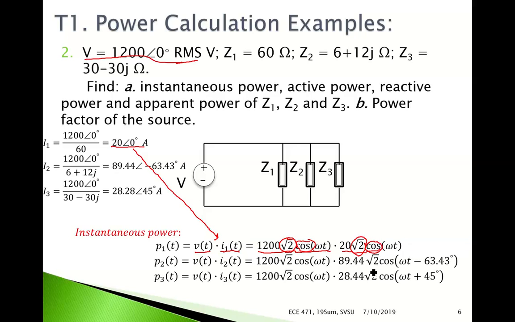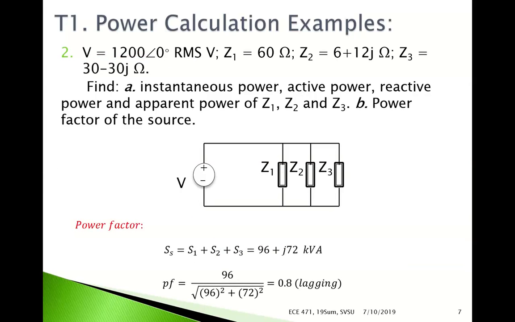We also know the current frequency is the same as the voltage frequency, so they have exactly the same omega. Following the same procedure, deal with p2 of t and p3 of t. So these are the instantaneous powers.